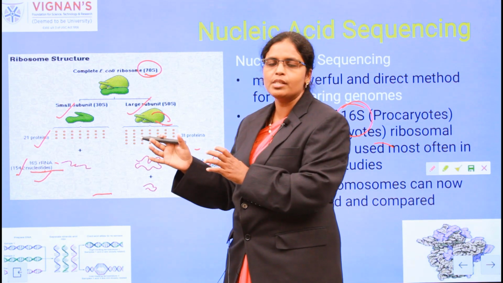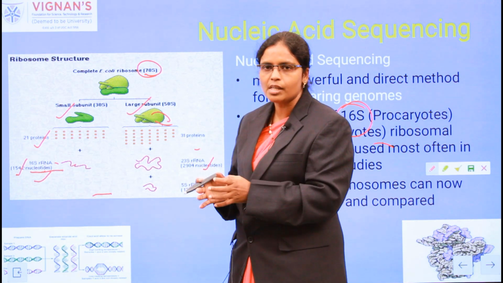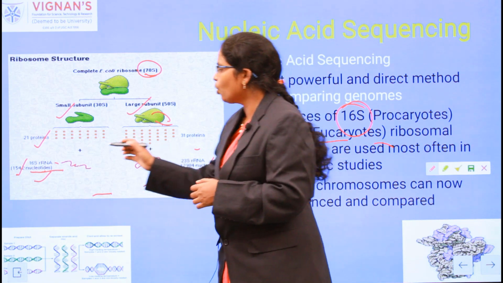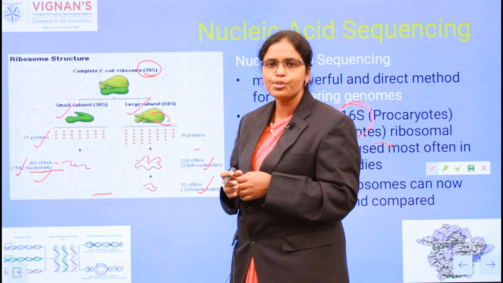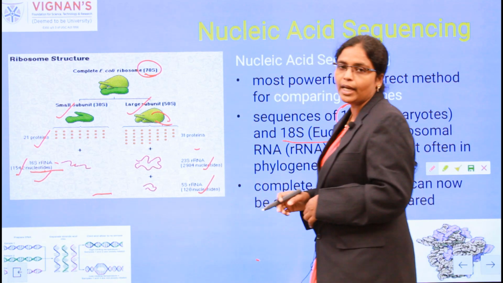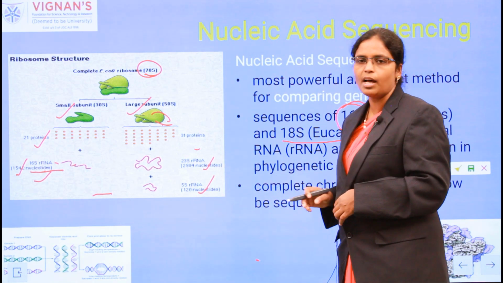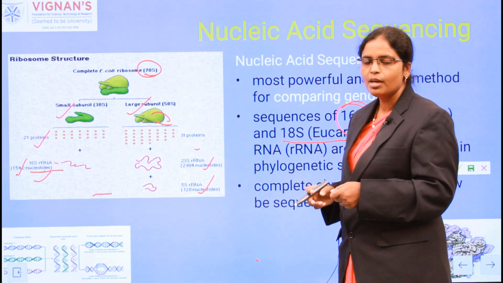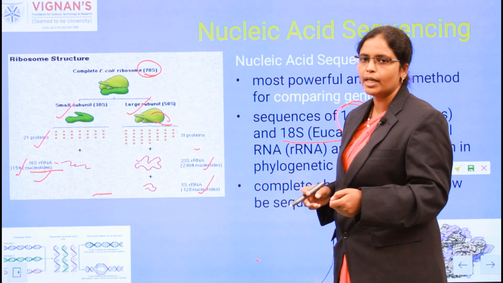Throughout the generations, the genetic material is stable. So, those conserved regions are used for identification and classification of the organism. So, this 16S rRNA sequencing is used for identifying the organism.